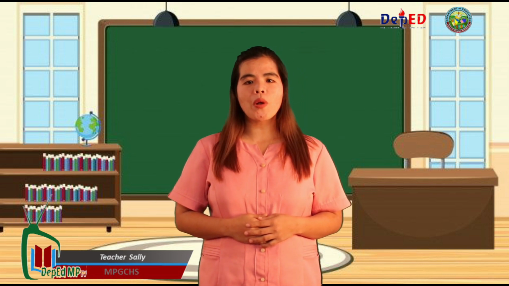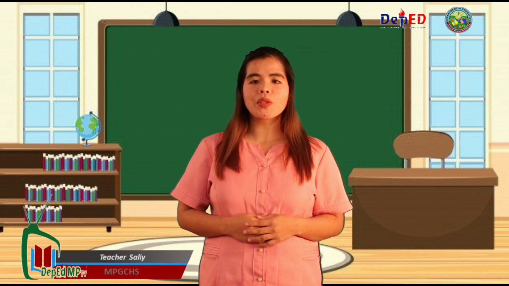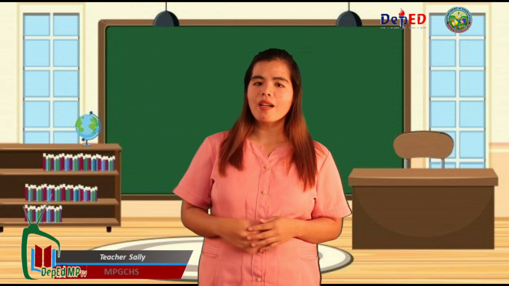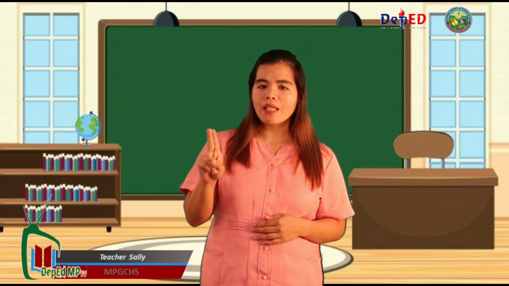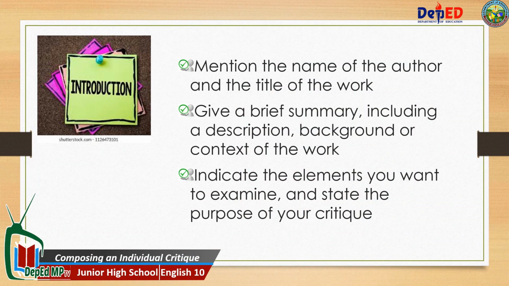Having the answers to all those questions does not mean that the critique is complete. There are still other details that you need to consider. These are introduction, body, and conclusion. Typically, the introduction is the shortest among the three, say less than 10% of the word length.